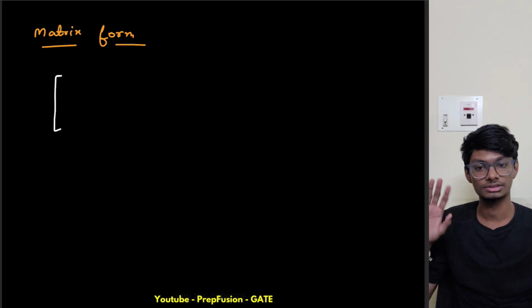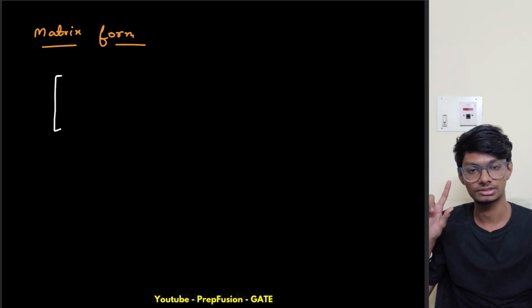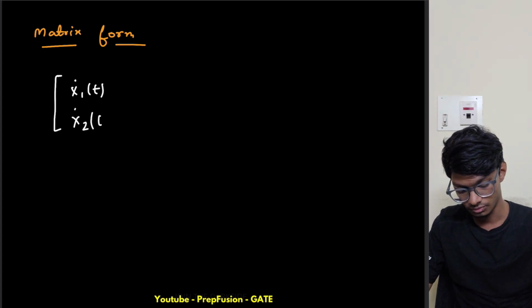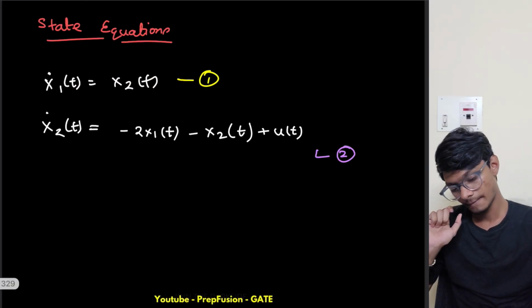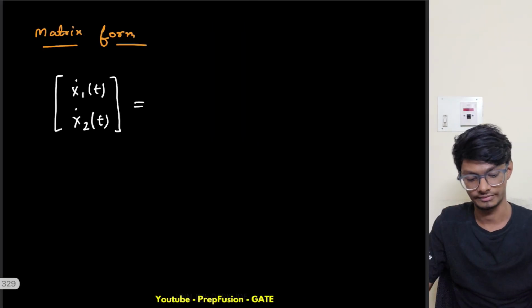On the LHS of the state equation, it is the differentiation of the state variables. So this one will be x1 dot of t, x2 dot of t. Okay, and on the right hand side, what do you have? What I see is x1 dot of t is only dependent on x2 of t.